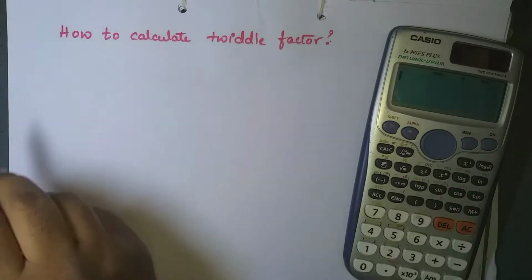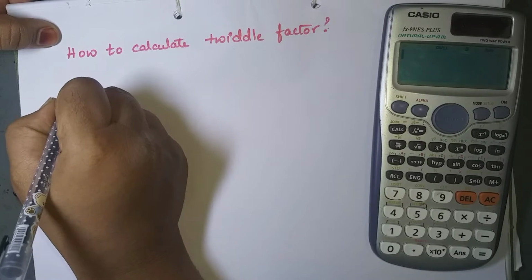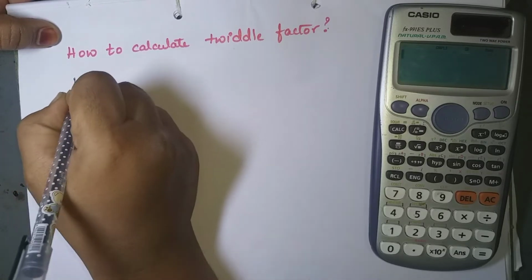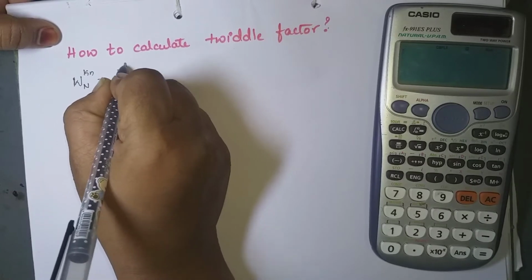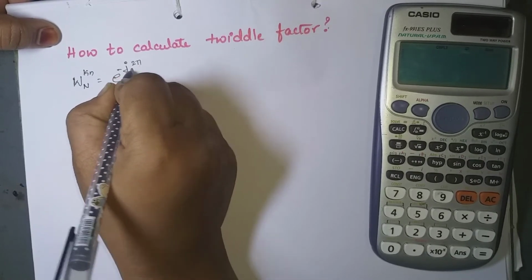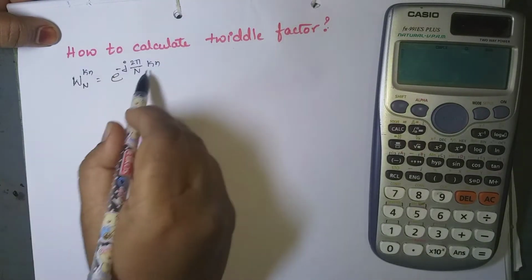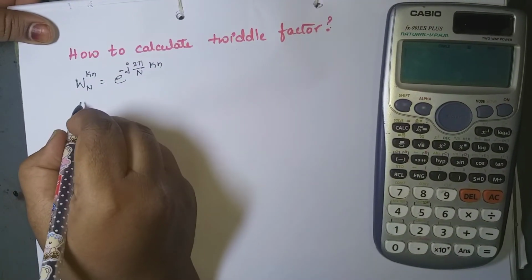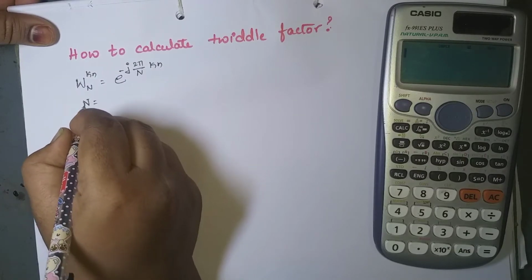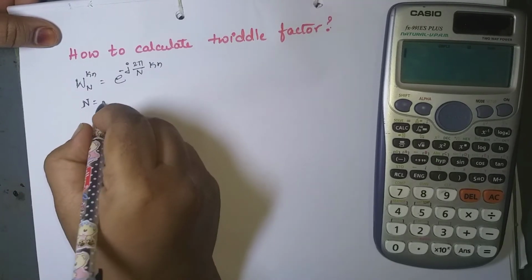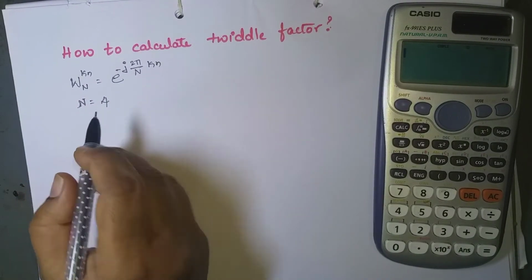Now coming to the twiddle factors. So in the class we have discussed what the twiddle factor is. You have W_N^{kn}, which is equal to e power minus j 2 pi by capital N into kn. So this will be the twiddle factor, and for any problem, N will be given. Say I'll take N equal to 4.